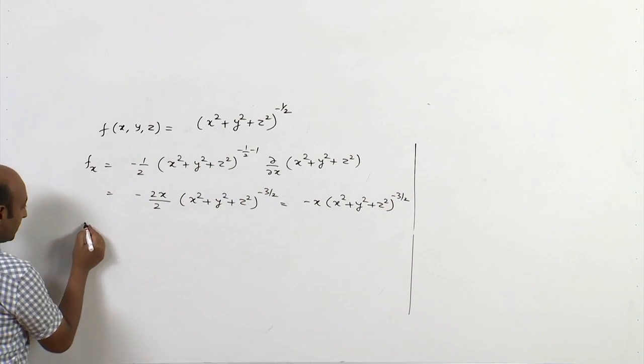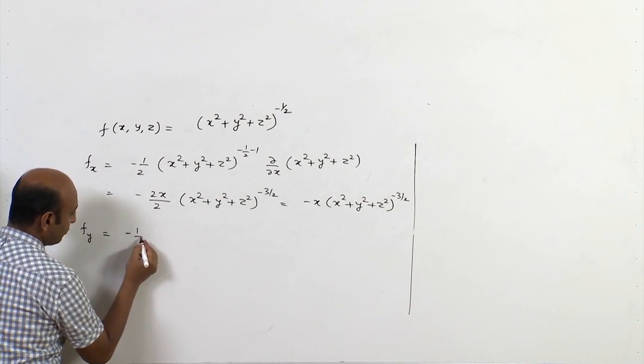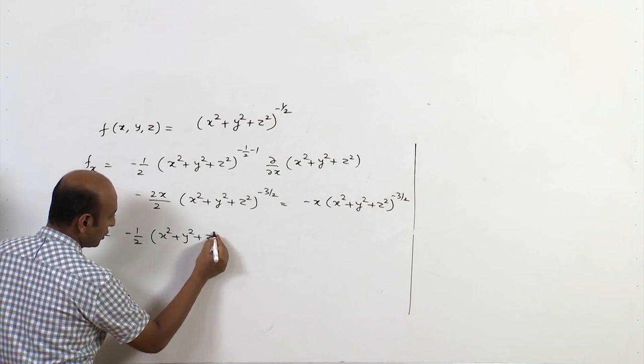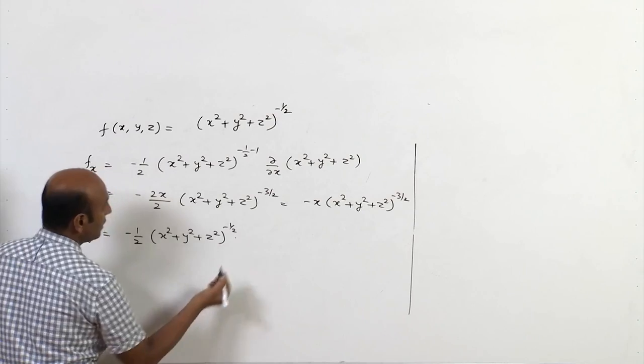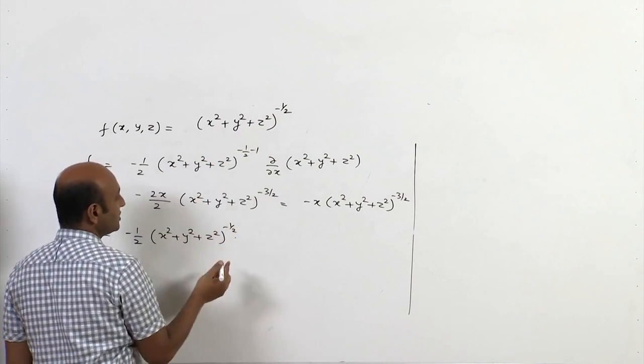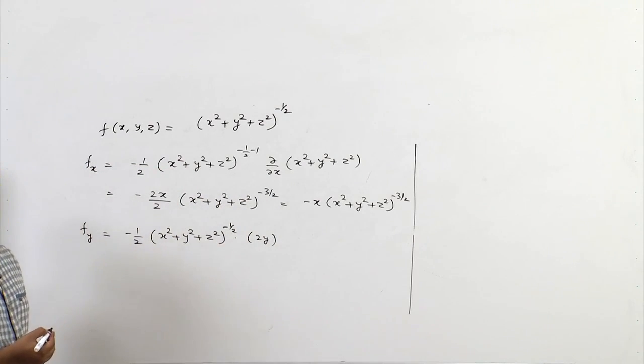Similarly, if you find del f upon del y, it is again minus 1 by 2 x square plus y square plus z square whole raised to power minus 3 by 2, and del by del y of this term is 2y, because x and z are independent of y.